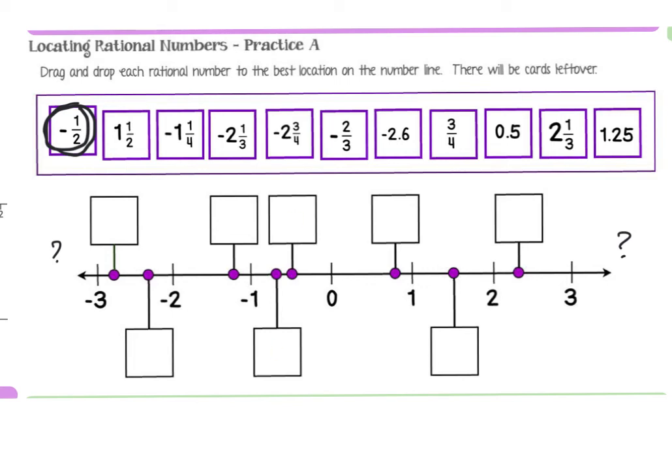Whichever one you think it is, you're going to put -1/2 in the correct box. I think that this box looks like it's halfway between 0 and -1, so I'm going to put it there. Now, you don't have to write in the box in your slideshow. You're going to be able to drag your -1/2 right over into this box. So good luck and see if you can find which numbers go in those empty boxes.